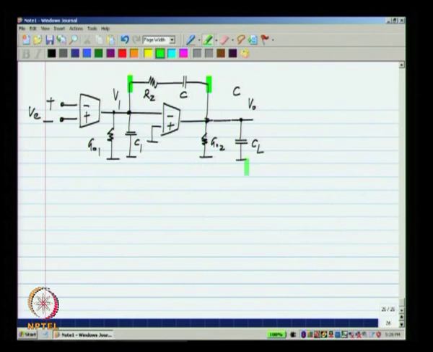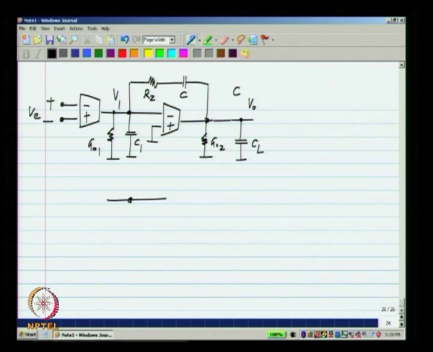Let me copy over this diagram. Now, the first pole will be associated with G01 and the total capacitance that we see, it will be almost the same as before. There may be some terms due to RC, but they will not be dominant. Second one will again be due to G02 and the capacitance associated with that, and the third one will be due to Rz and the capacitances associated with that one. So, what do we have there?